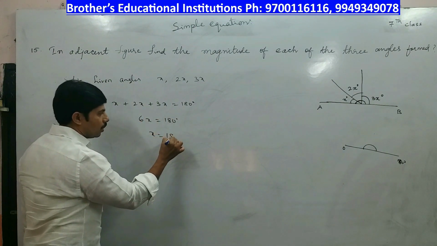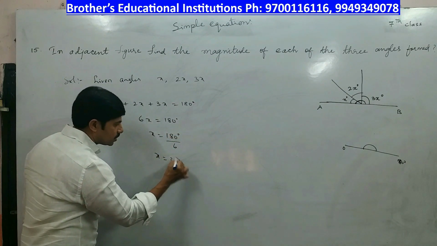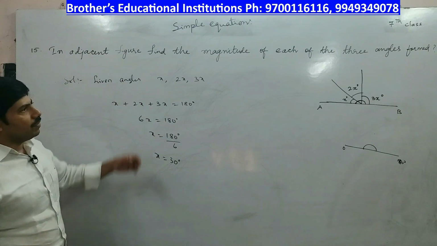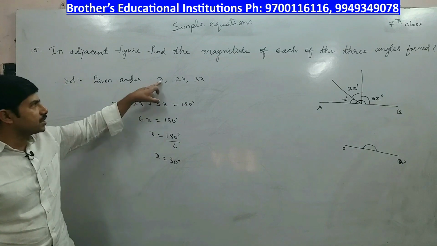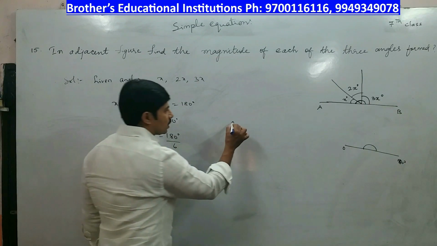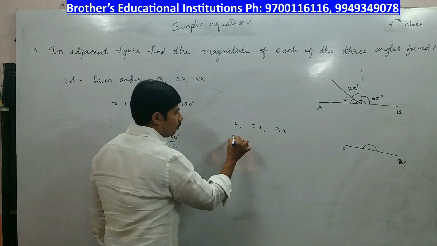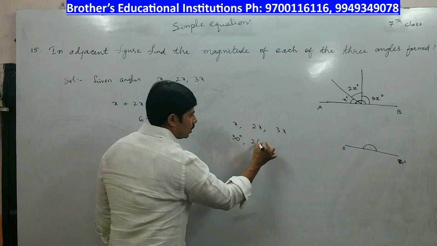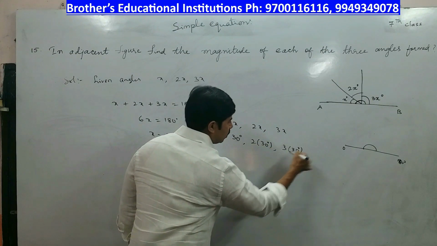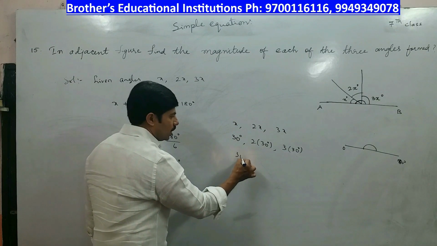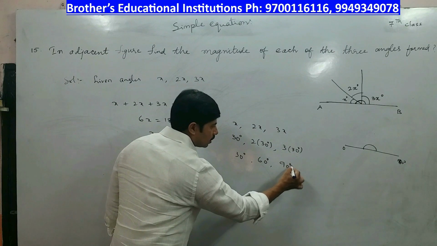So x is equal to 180 degrees by 6, which is 30 degrees. We have to find all three angles formed. After getting x is equal to 30, substitute in x, 2x, 3x. One angle is 30, the other is 2 into 30 and the third is 3 into 30. So it is 30 degrees, 60 degrees and 90 degrees.